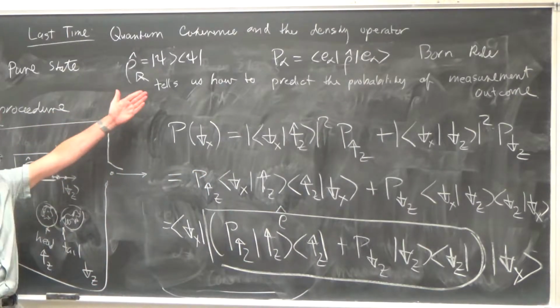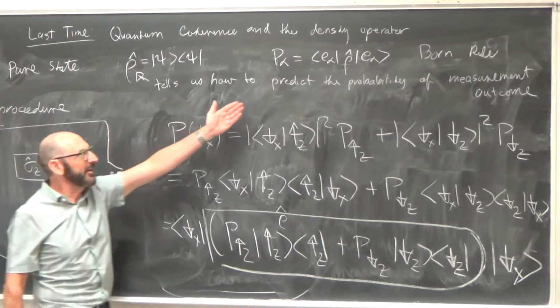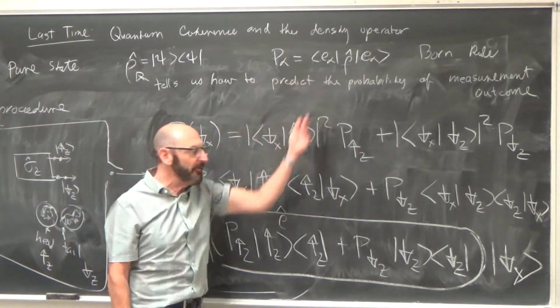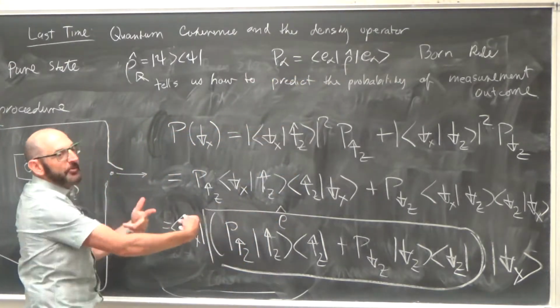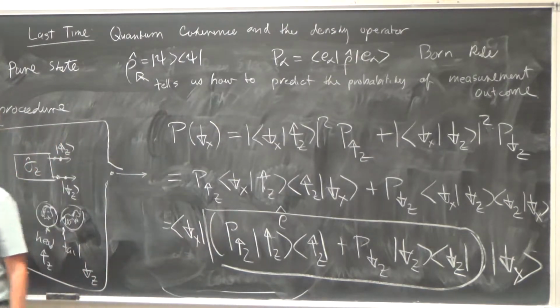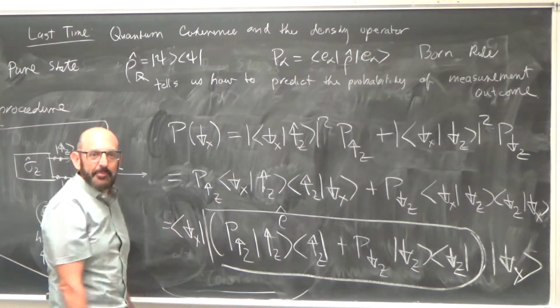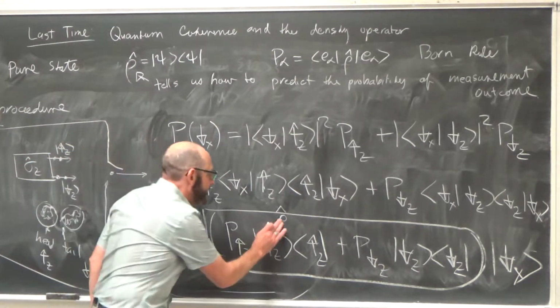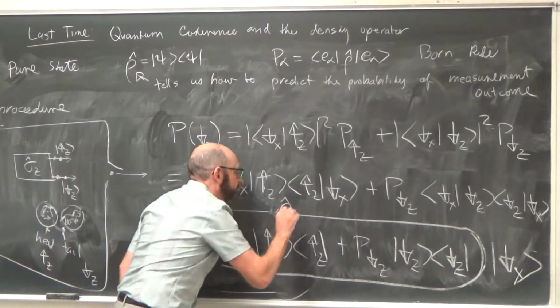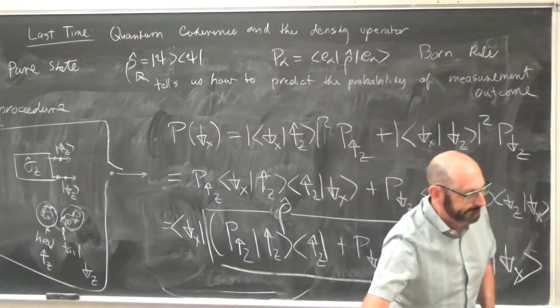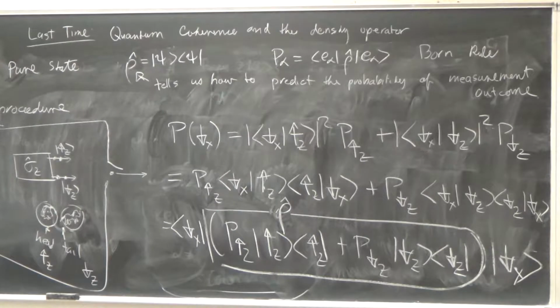Because the rule says to calculate the probability of a measurement outcome, I look at the diagonal matrix element of some operator, and that's the operator with which I would take that diagonal matrix element, and that is the density operator. So this density operator is distinguished from this density operator.